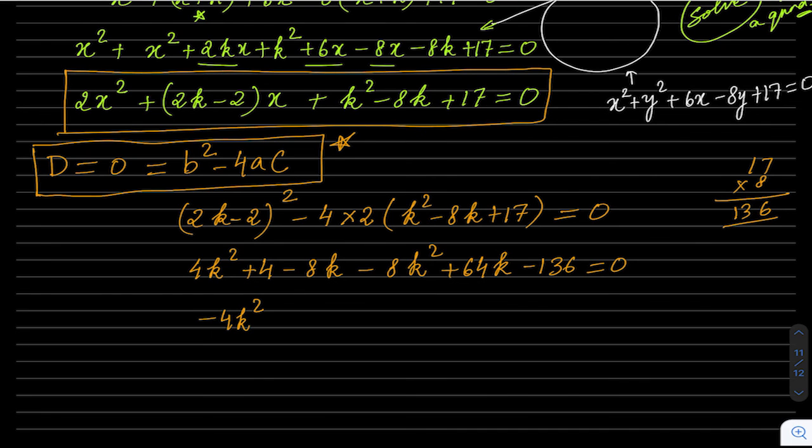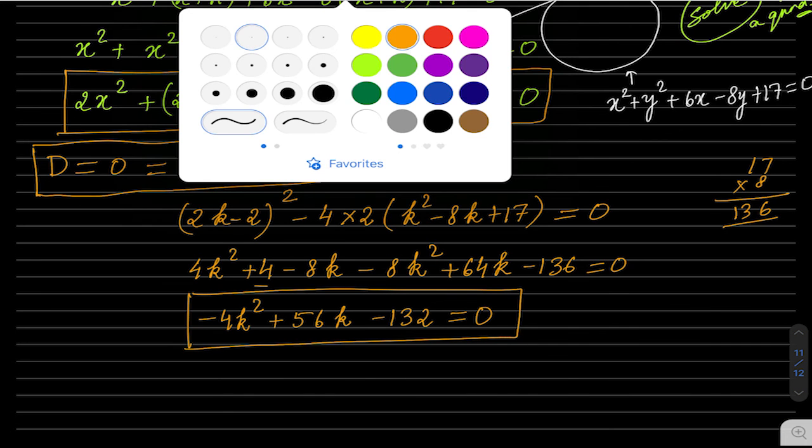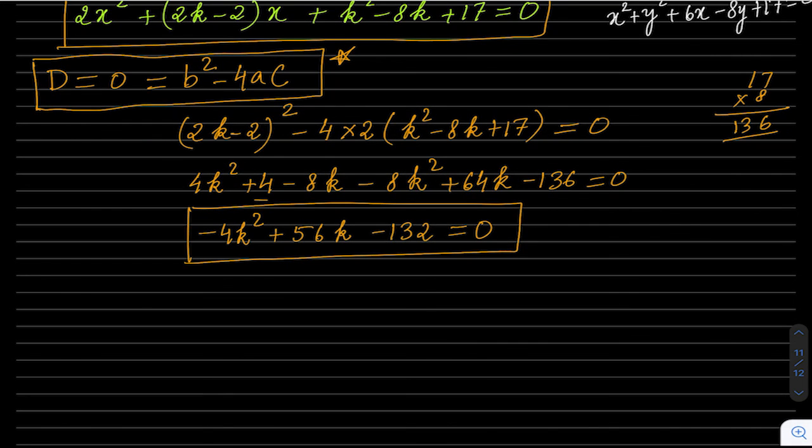So what I will get here is minus 4k square plus 56k minus 132 equals 0. So this is the quadratic I am getting.